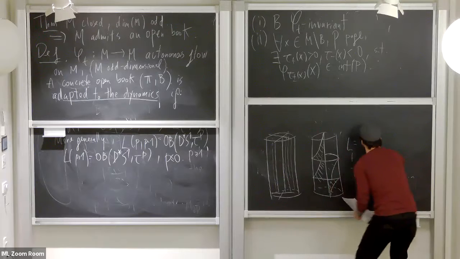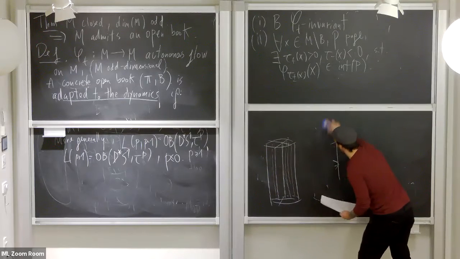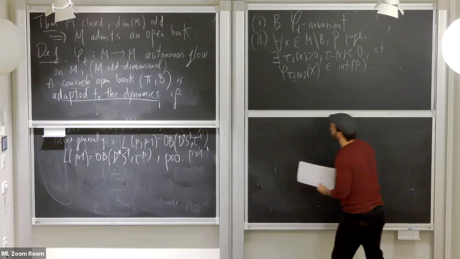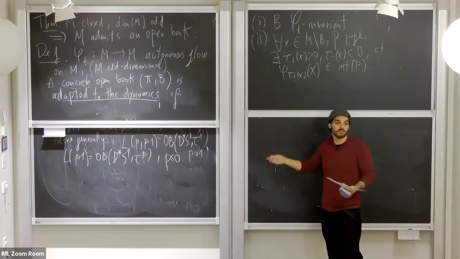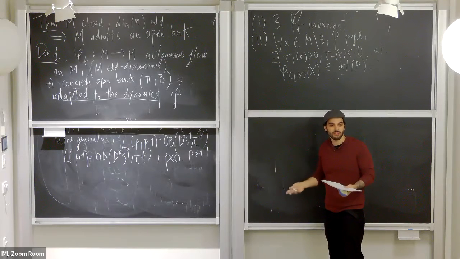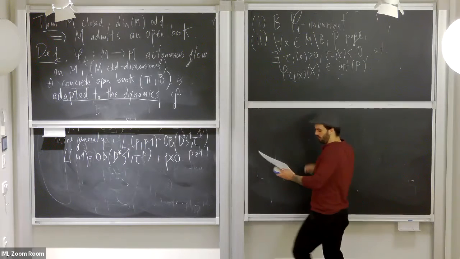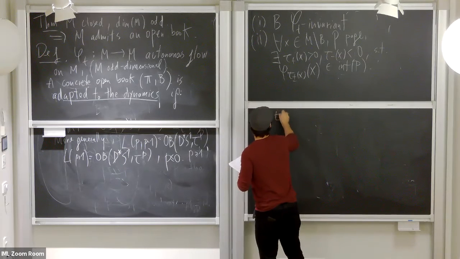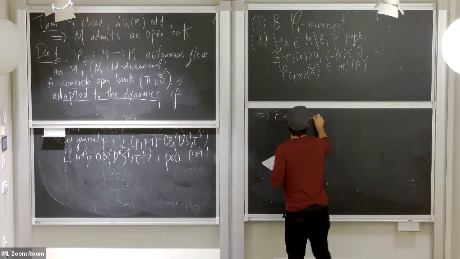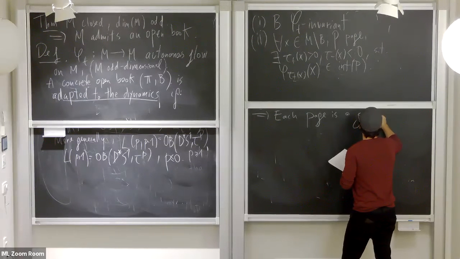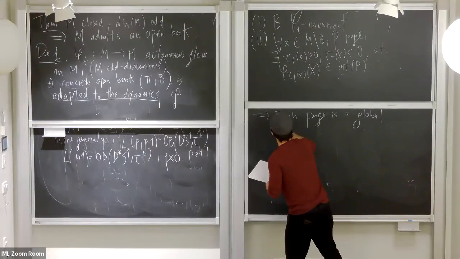So in other words, whenever the dynamics is adapted to the open book, every page is what I will call a global hypersurface of section, a high-dimensional generalization of a global surface of section.